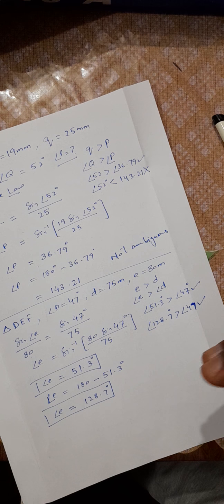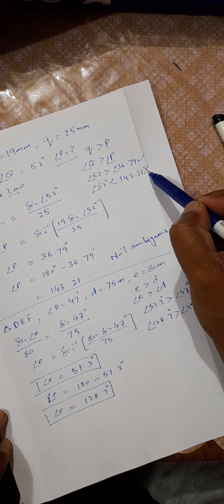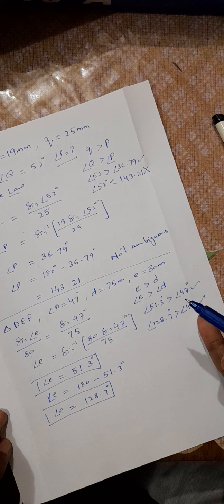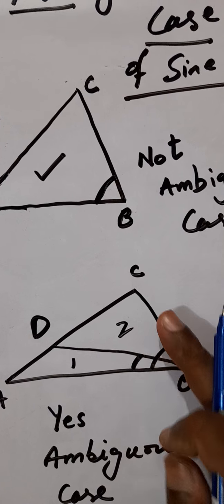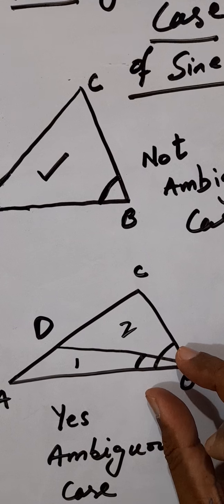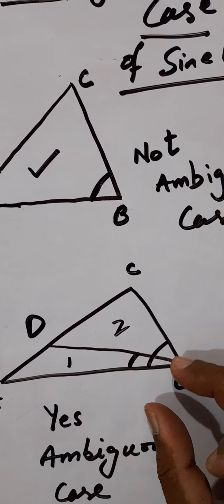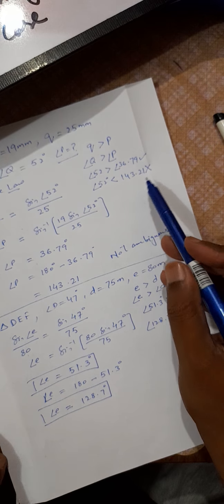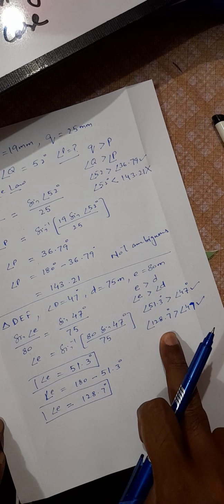When it was not ambiguous, you could see that one was true and the other was not true. One was possible, the other was not possible. But in this case both are possible. So when both are possible, it means we are in a position to have a triangle of this form. We have two values and two triangles, and both are possible.